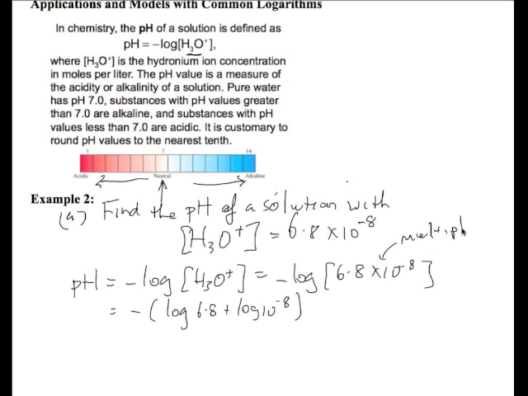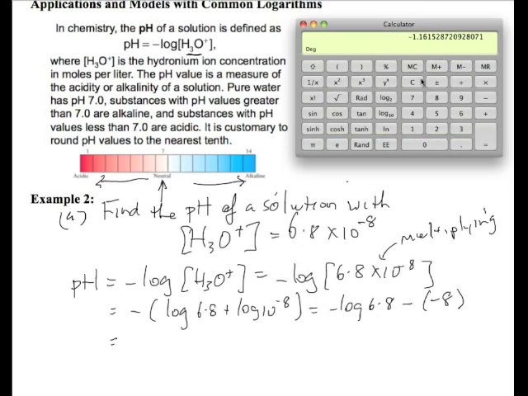So we can use our log property that turns it into an addition. So this is going to be negative the log of 6.8, and notice the log in base 10 of 10 to the negative 8 is, of course, negative 8, because it's the exponent. Now we can get our calculator.